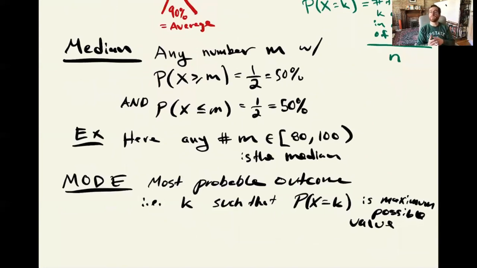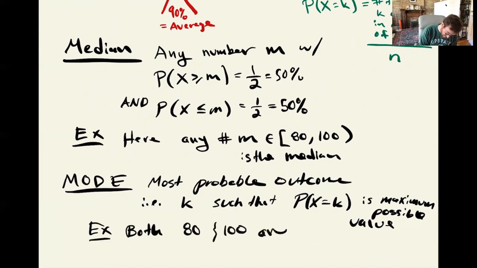But in this example, they're both equally likely. And so in particular, both 80 and 100 are modes. And so you could think of this as a bimodal, meaning two-mode, distribution.